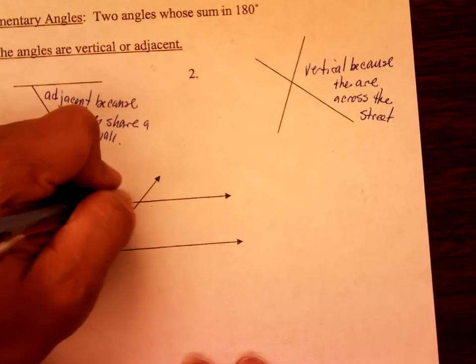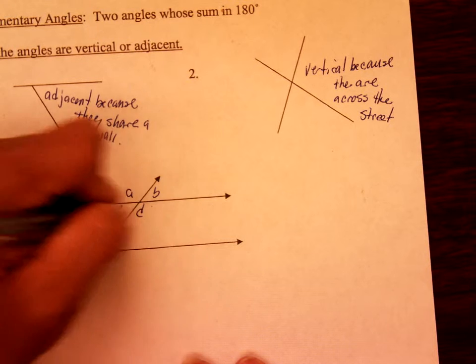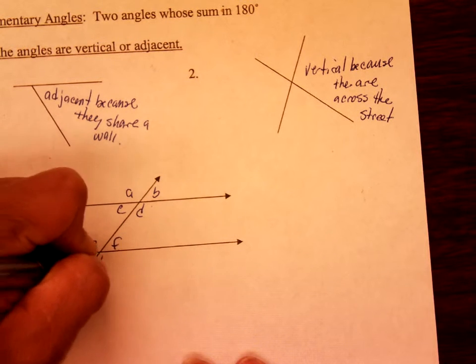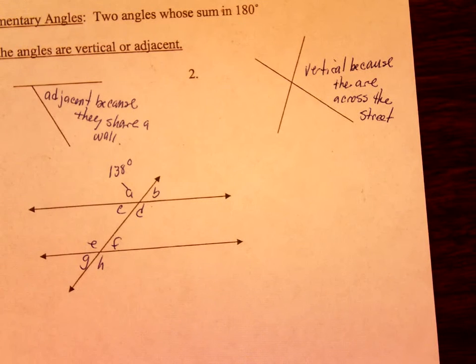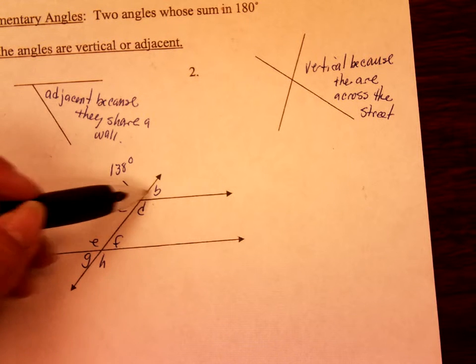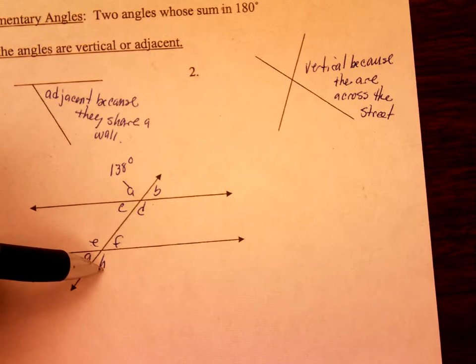Okay, for number 3, I have A, B, C, D, E, F, G, and H. If I said A was 138 degrees, looking at this, there is one that you can figure out without even having to do any math.